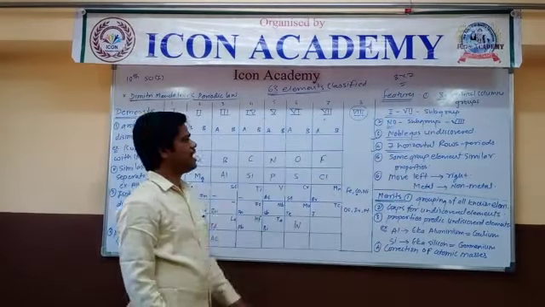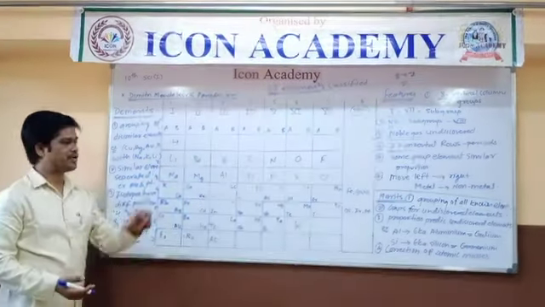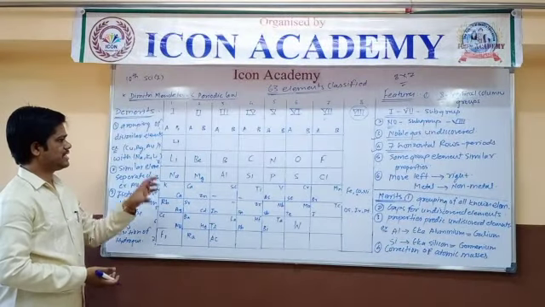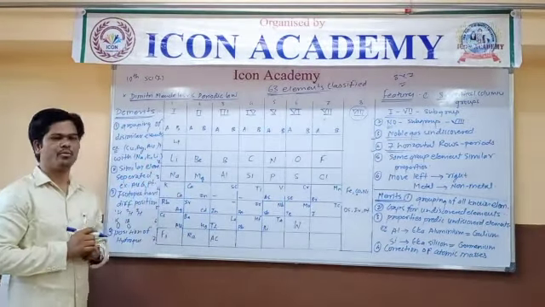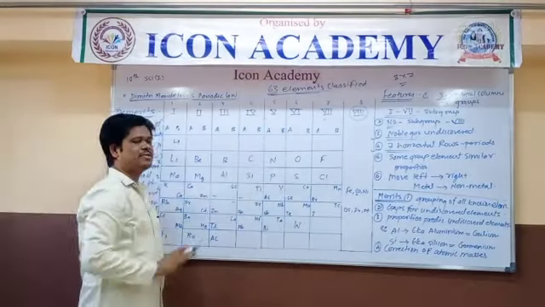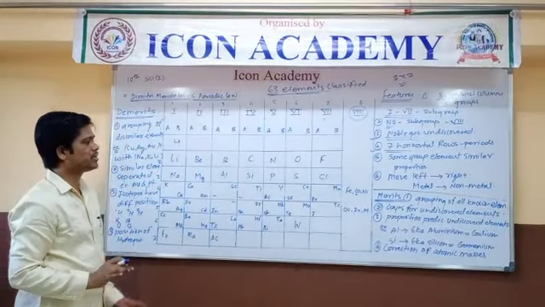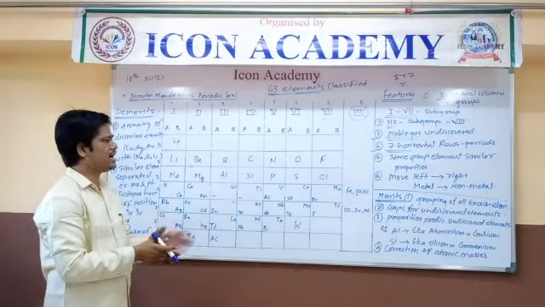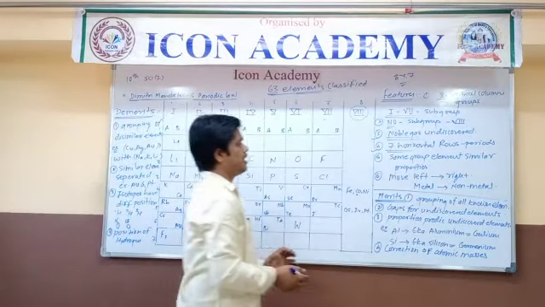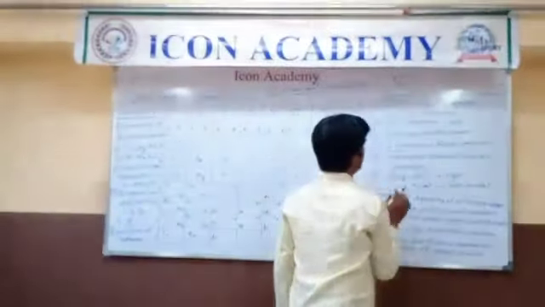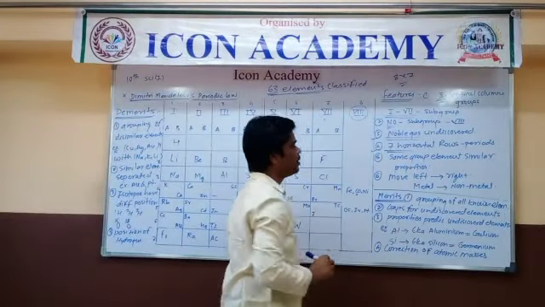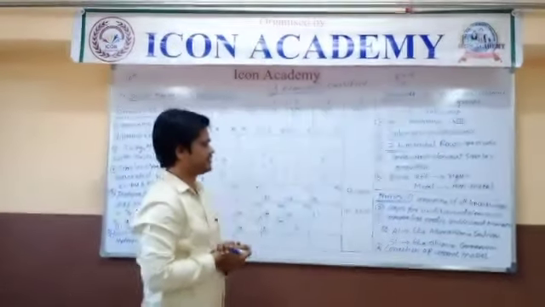There are 8 vertical lines and 7 horizontal lines. The vertical lines we call columns, and the 7 rows we call periods. So this periodic table is 8 by 7: 8 vertical columns and 7 horizontal rows called periods.